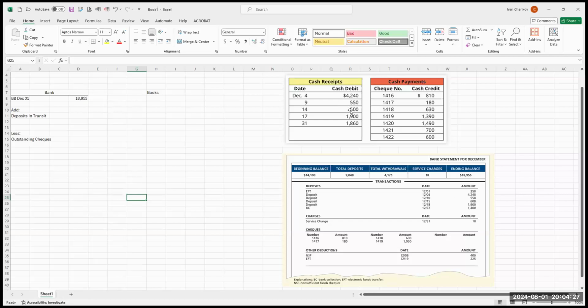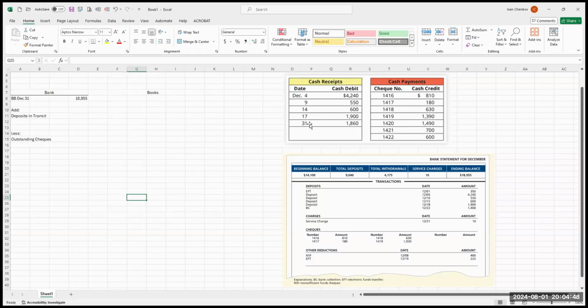So that deposit is also not in transit, also already been deposited. The next deposit is $1,900 on December 17, which has been deposited in our bank account. So this deposit is also not in transit.